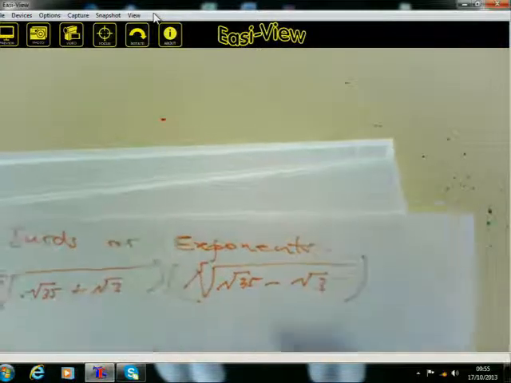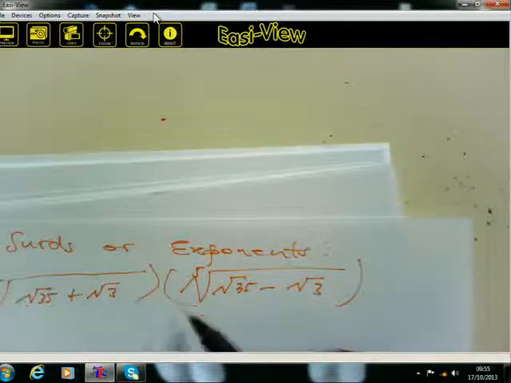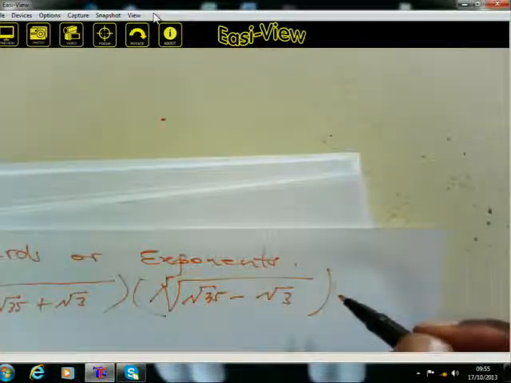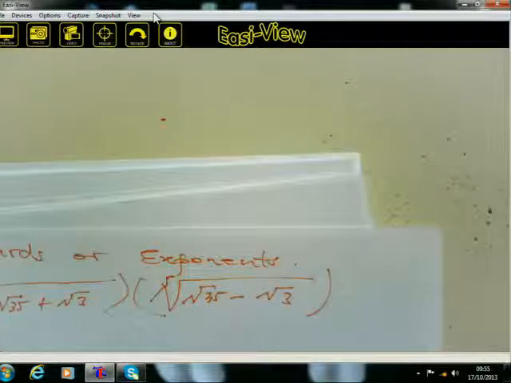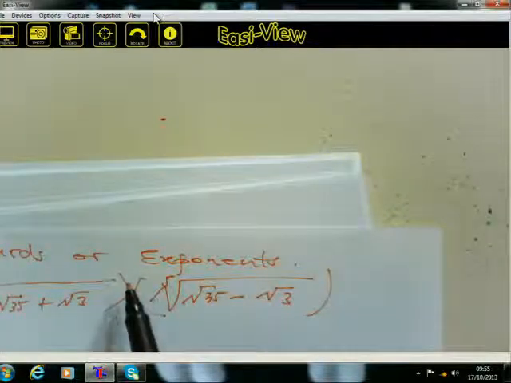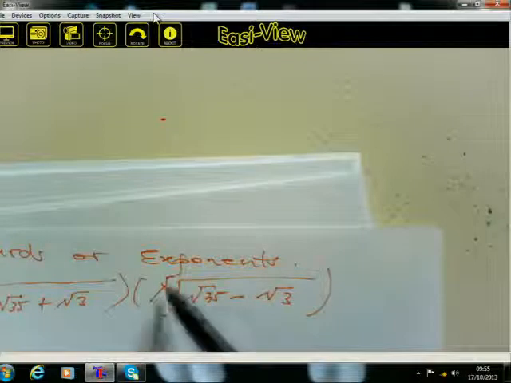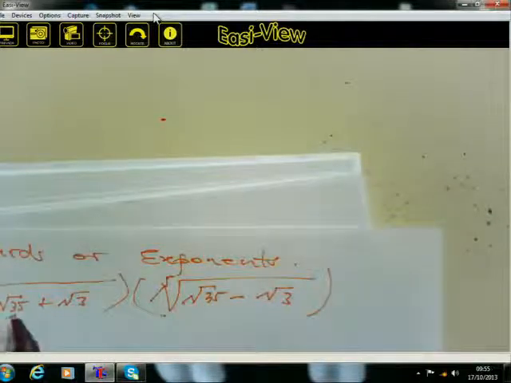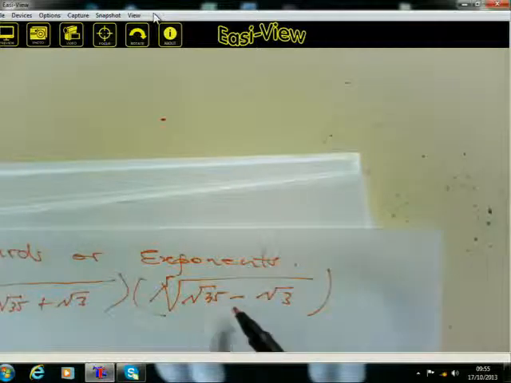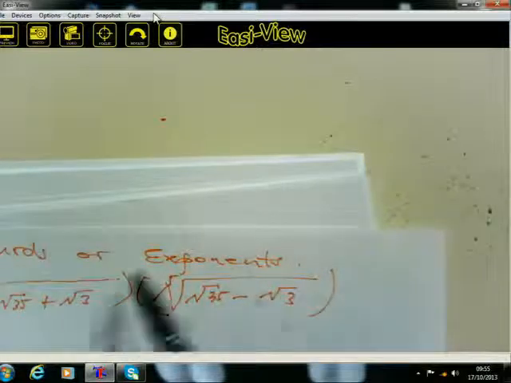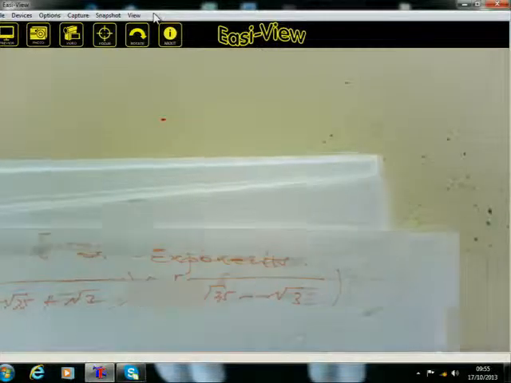Why do we call it a set? Because of the root sign. Now, if we are to solve this, we are having the root of 5 by the root of 5 again. Now underneath we have the square root of 35 plus the square root of 3, and the square root of 35 minus the square root of 3. Now these two things are being multiplied because of the brackets.